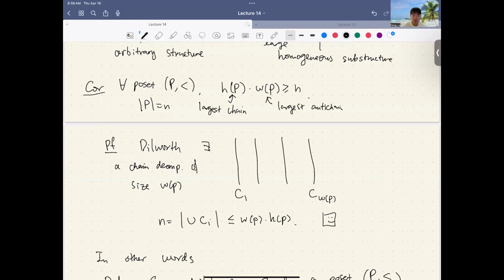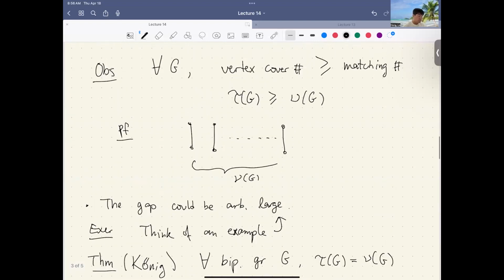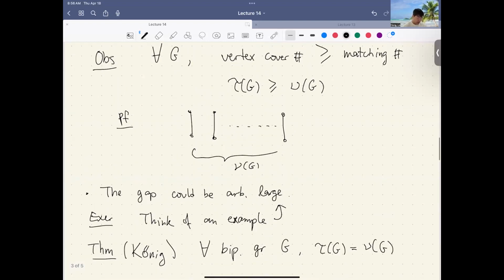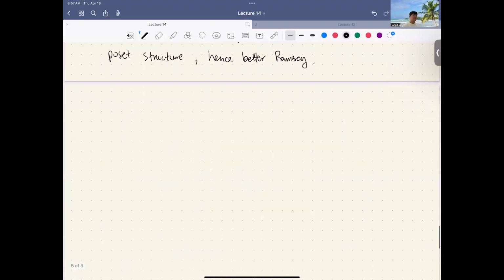You just define it for all graphs. This is the Konig theorem for any graph, and then Konig's theorem is for any bipartite graph. It doesn't have to be a connected bipartite graph, because if you prove it for the connected one, then you apply it to each component.